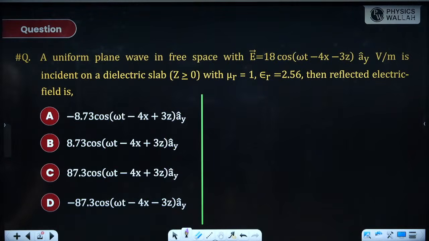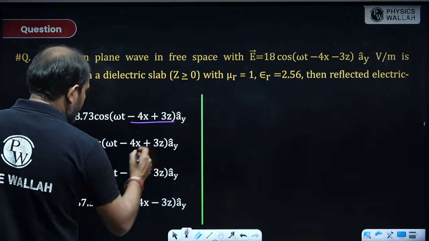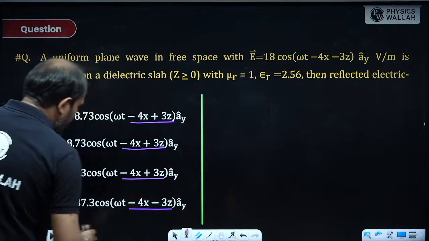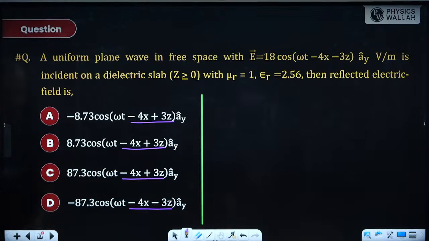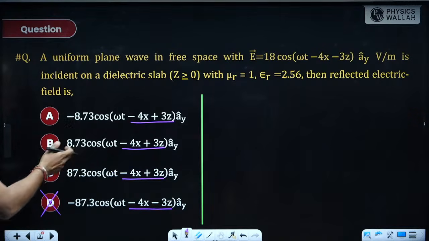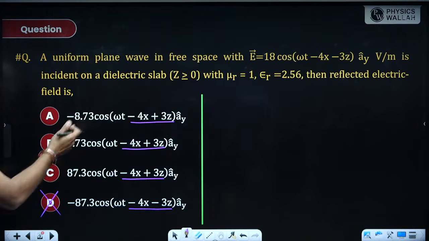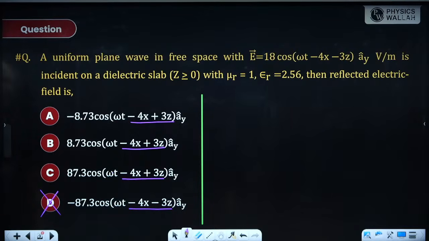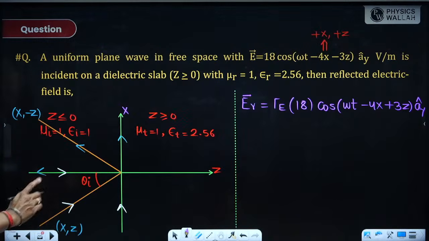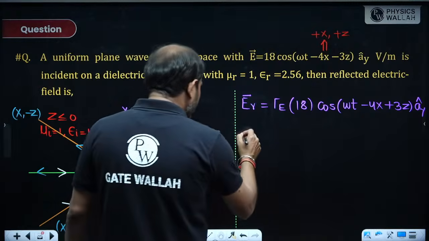Is it minus 4X minus 3Z? This one is wrong. Then the second is 8.73, so it will be minus 8.73 or plus 8.73. So we have to calculate gamma E.